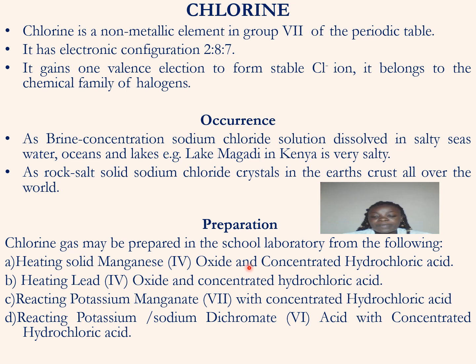Then we can prepare chlorine gas in our school laboratory, and we can do this through the following methods. The first method, we can prepare chlorine by heating solid manganese(IV) oxide with concentrated hydrochloric acid.